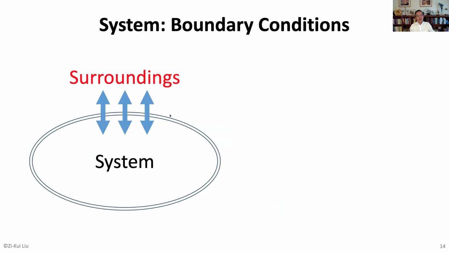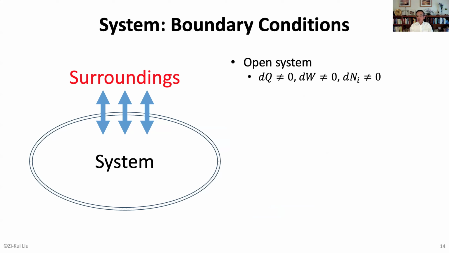So now we talk about the exchanges of heat, work, and mass between the system and its surroundings. We have some conditions for this change. We can make constraints. If we allow all of them to change, we call it an open system.